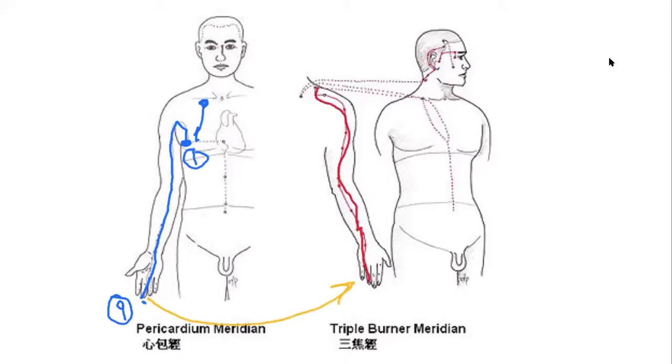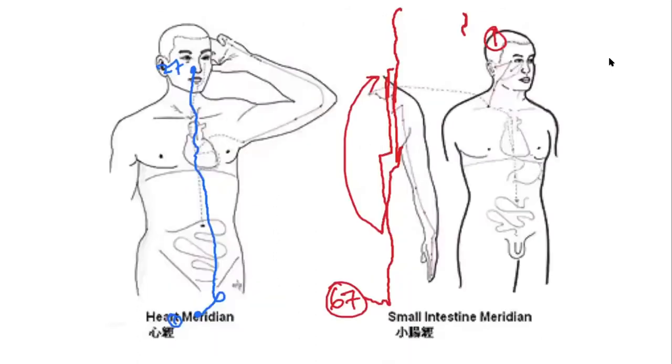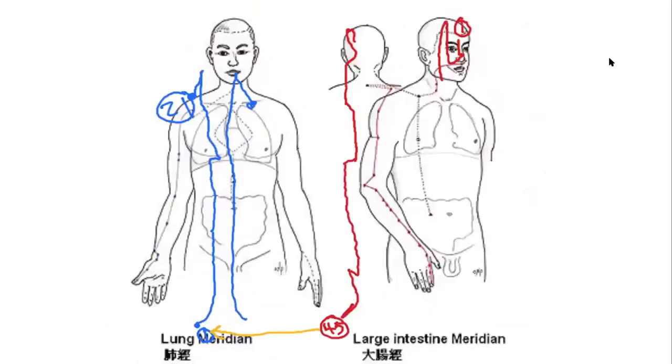What is the triple burner? The triple burner is an organ that doesn't have any form but has a function. Let's go back to this.